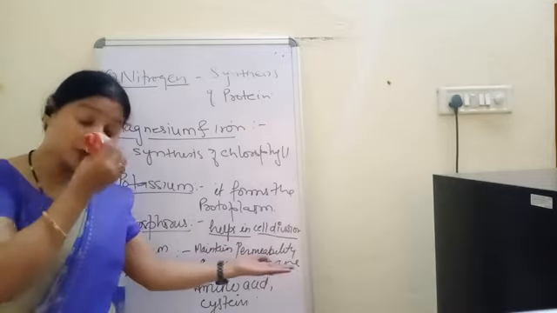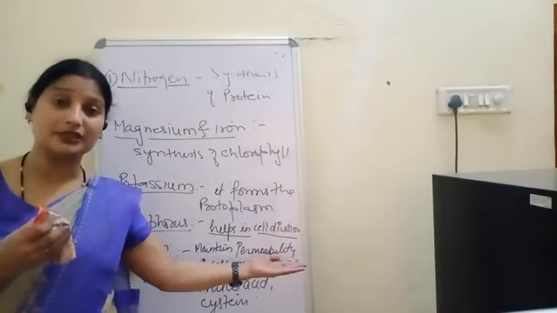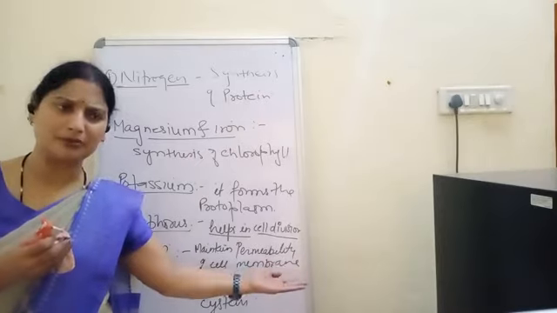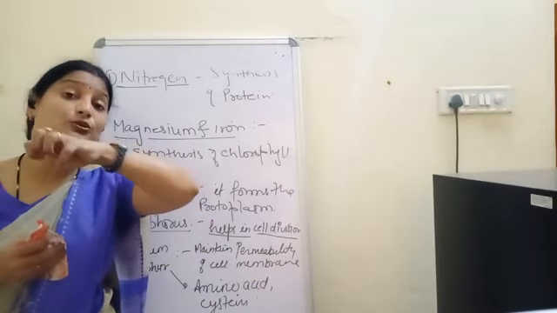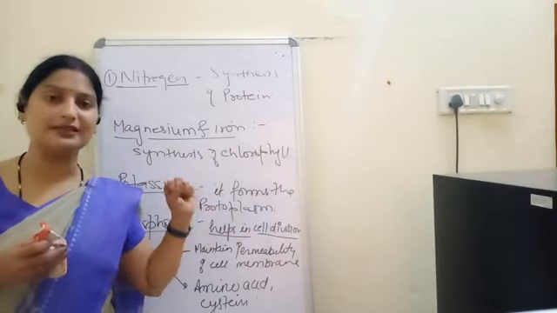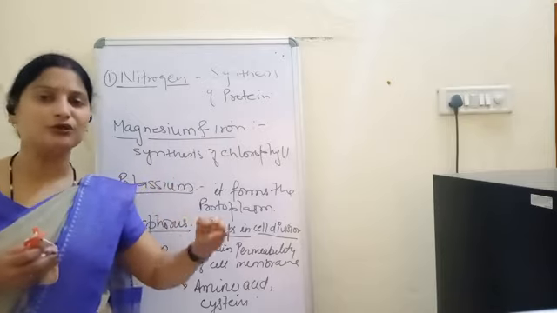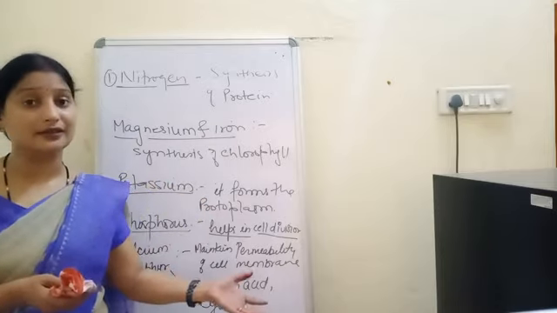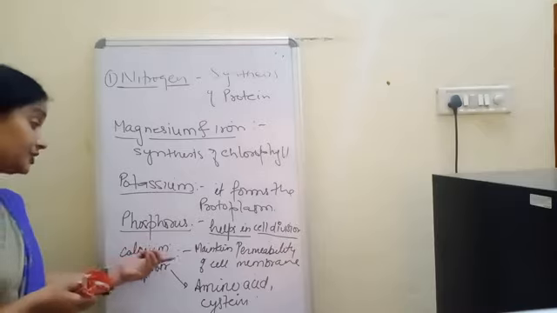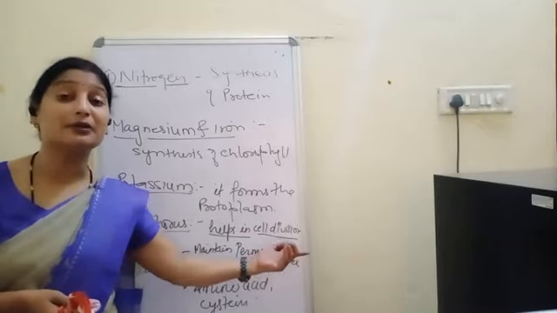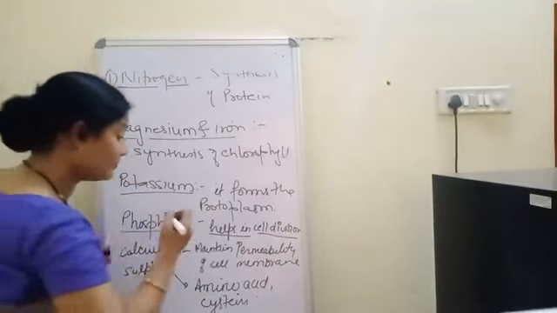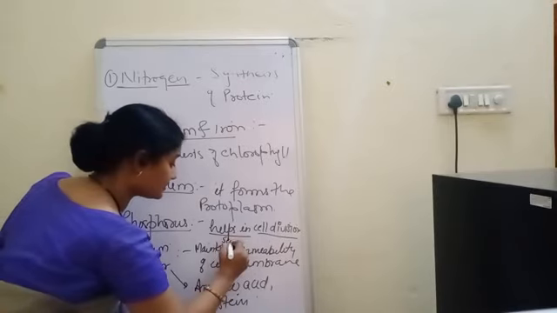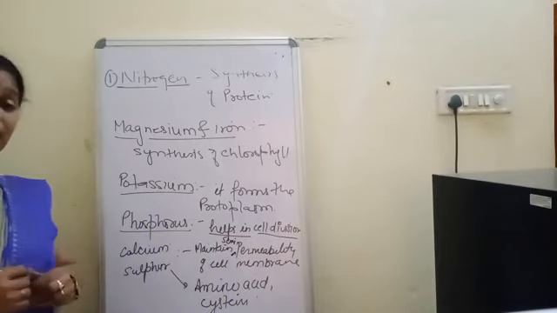Then that condition is called semi-permeability. Cells are semi-permeable. That is, they allow the useful nutrients to enter inside the cell, but they do not allow the toxic substances to enter. So this calcium maintains the semi-permeability of the cell membrane. Here I have to write semi-permeability of the cell membrane.